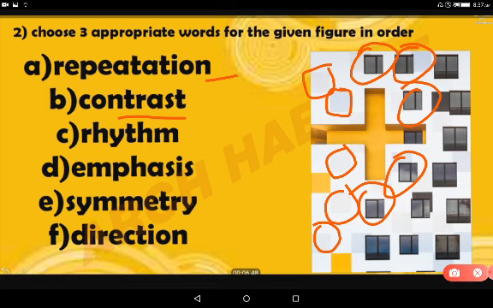And yes, there is no rhythm, there is emphasis, there is no symmetry, there is no direction. So the most 3 appropriate words will be, there is no rhythm. Yes, so the first thing is contrast, then emphasis, and then repetition.